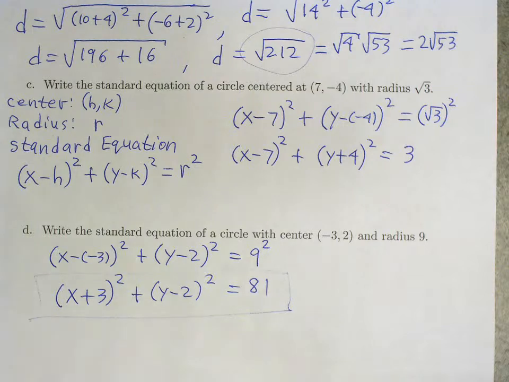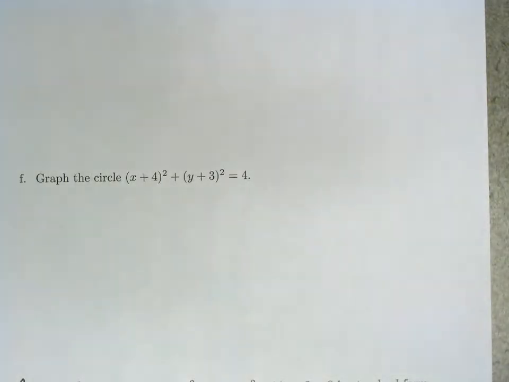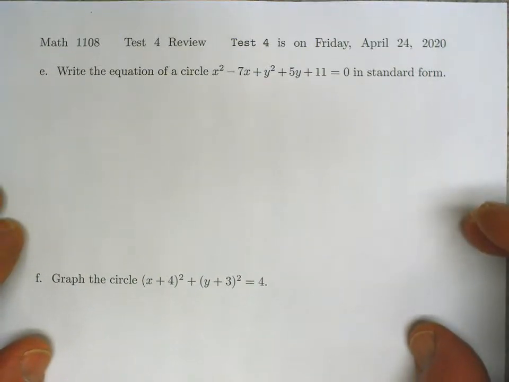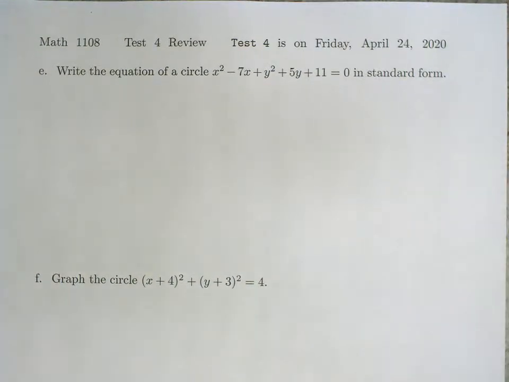Okay, the next thing we'll do is write equations of circles in standard form when they're not given in standard form. Write the equation of the circle x squared minus 7x plus y squared plus 5y plus 11 equals 0 in standard form.